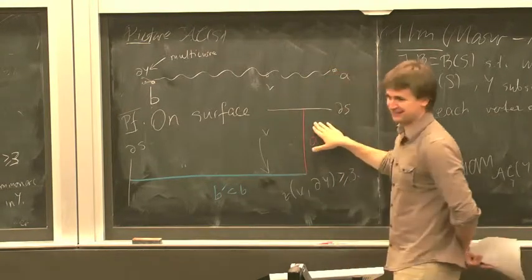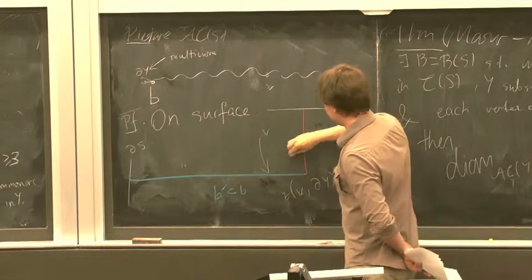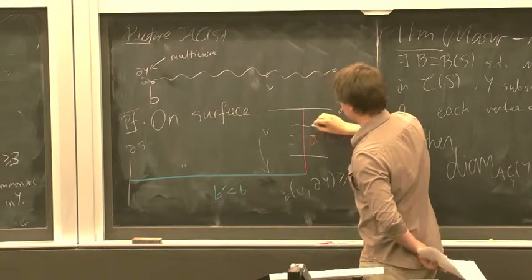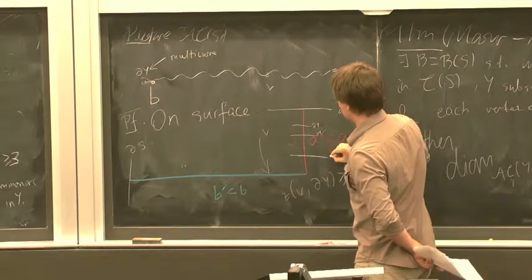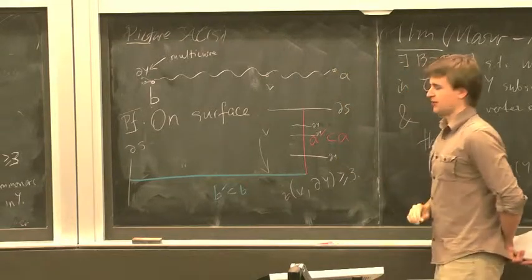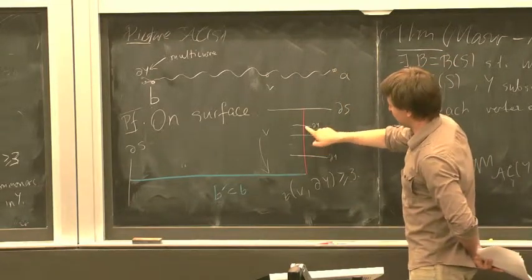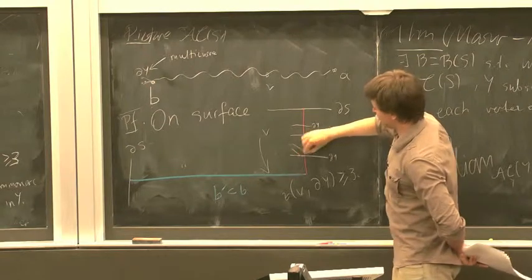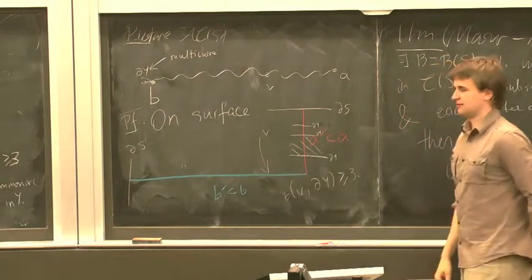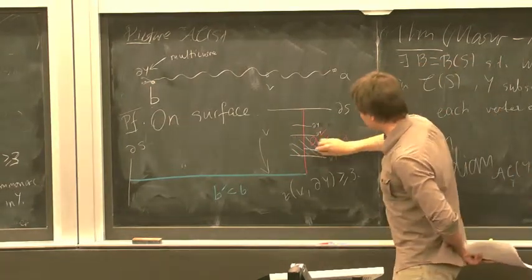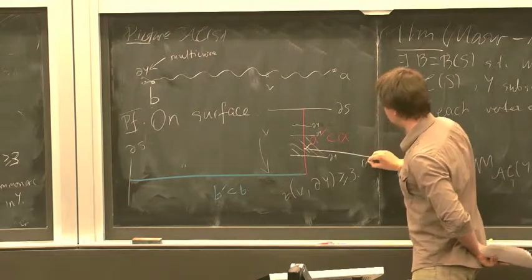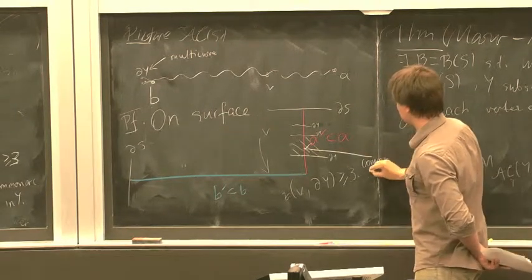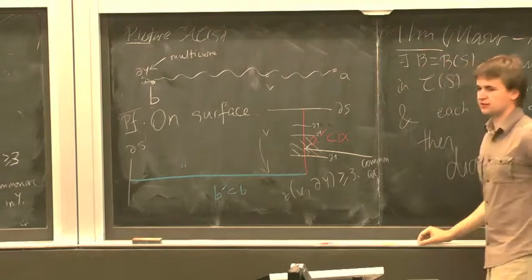So it must be in A. But now, one of these bits has to be inside Y. And then that is the common arc. Okay? So that's how the arc exists.